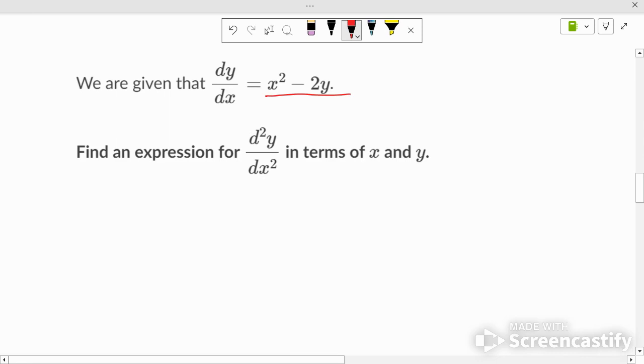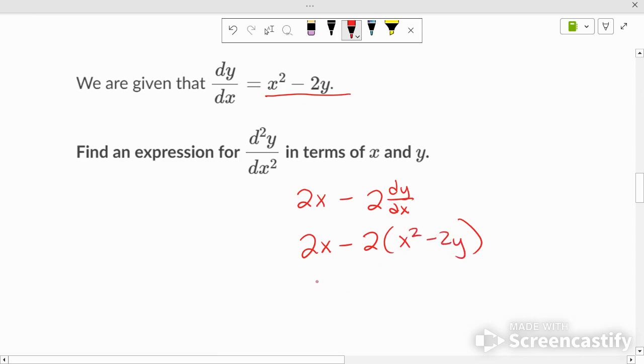Well, how do we find the second derivative? Well, that's just, what's the second derivative of this? 2x minus 2 dy dx. And then when I'm doing the second derivative, I'm going to replace the dy dx with what it is equal to, which is x squared minus 2y.